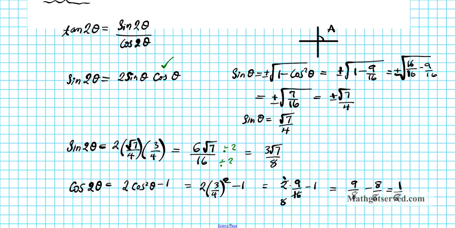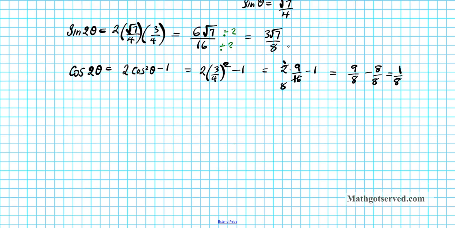Alright, so now we have sine 2 theta and cosine 2 theta. So for tan 2 theta, you have to be really careful here. Tan 2 theta is sine 2 theta over cosine 2 theta. Because we have sine theta and cosine theta, that's not what we're using here. We're using sine 2 theta and cosine 2 theta to figure out what tan 2 theta is.